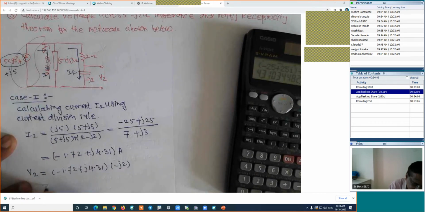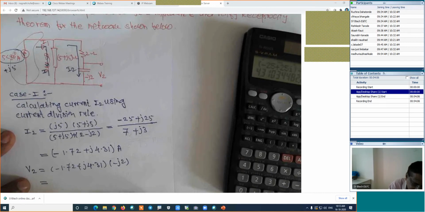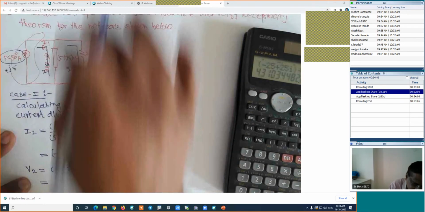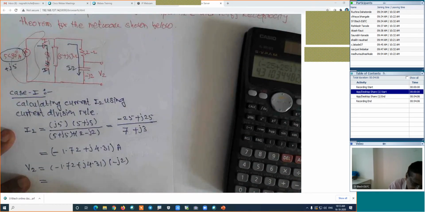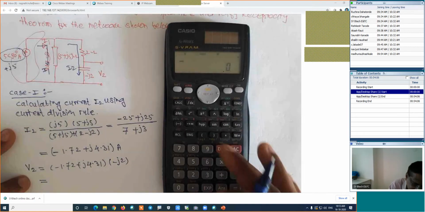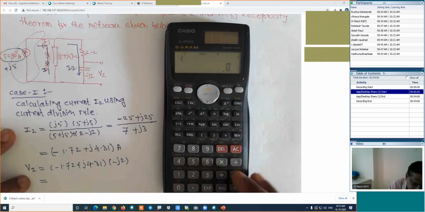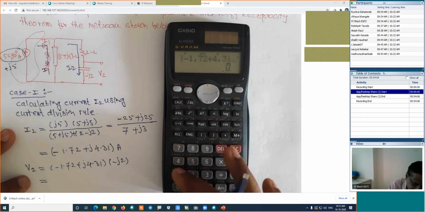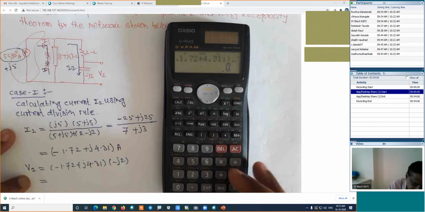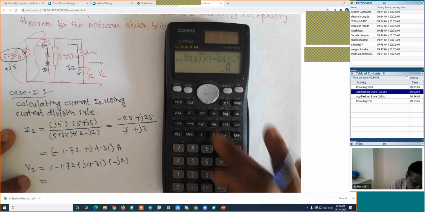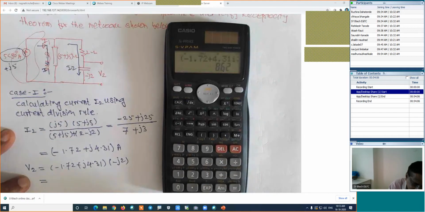Just I will work out this calculation: (minus 1.72 plus 4.31i) into (minus 2i).